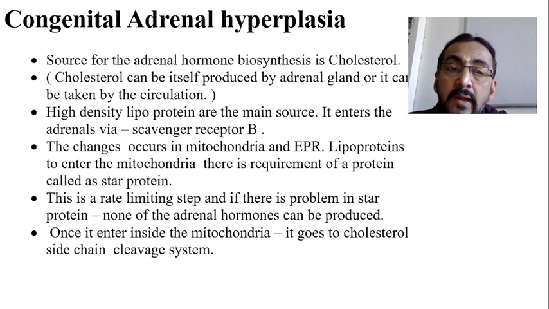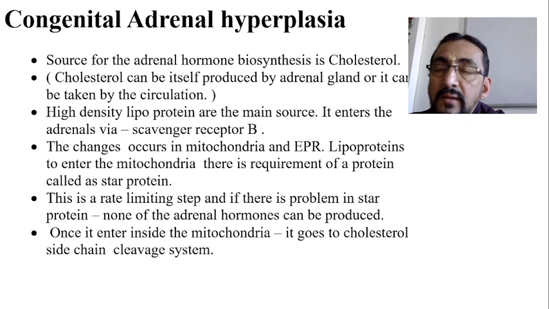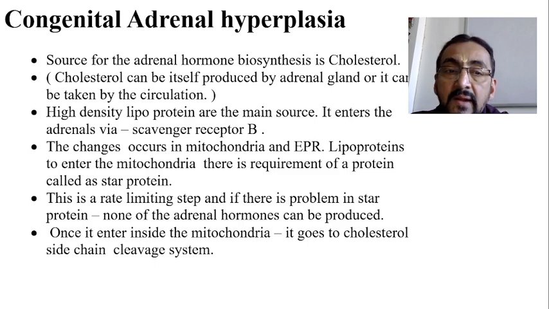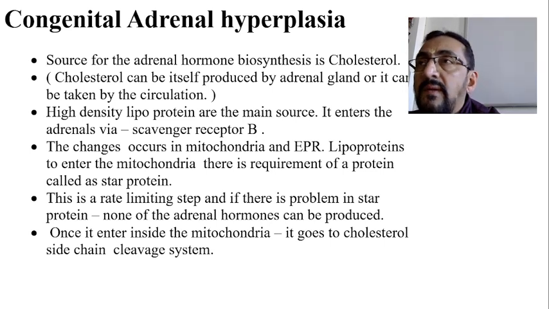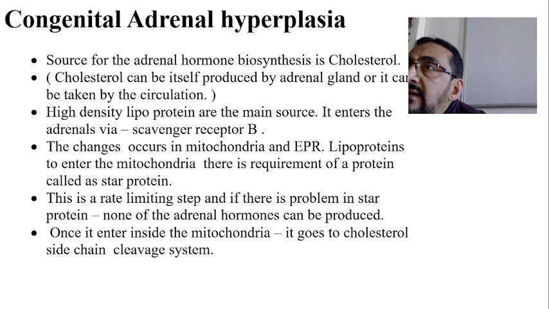Inside the mitochondria the cholesterol is already there in the form of a lipoprotein. Now the StAR protein enters and the pathway of side chain cleavage begins, that means cleaving the cholesterol. For that the StAR protein is required.